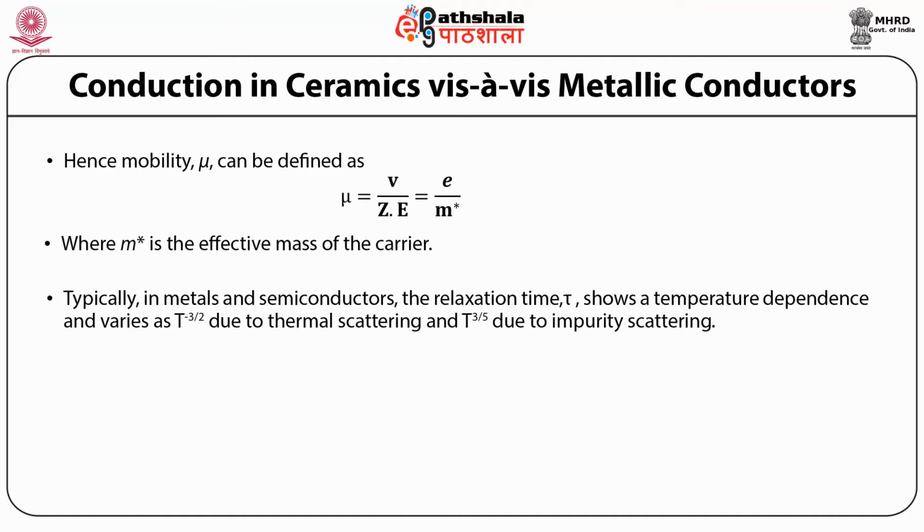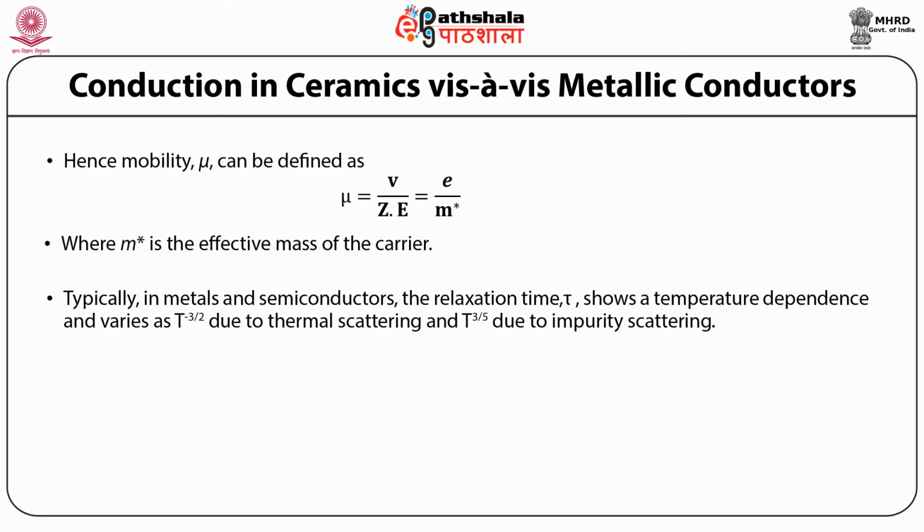In metals, semiconductors and high mobility ceramics, the electrons and holes are considered as quasi-free particles with a drift velocity Vd, which is acquired under an applied electric field. The extent of this drift velocity is governed by various scattering phenomena such as scattering from the lattice.